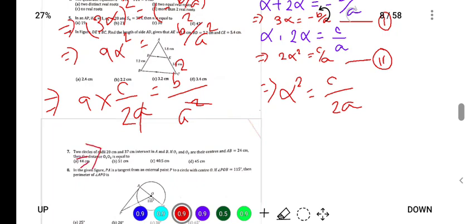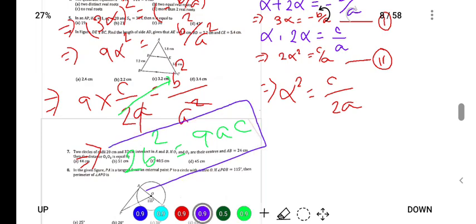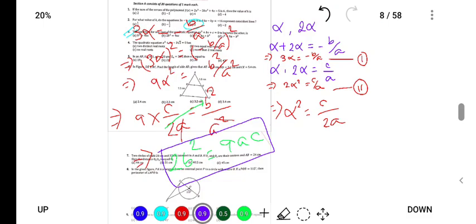Got it? So multiplying, we are getting 2b square is equal to 9ac.